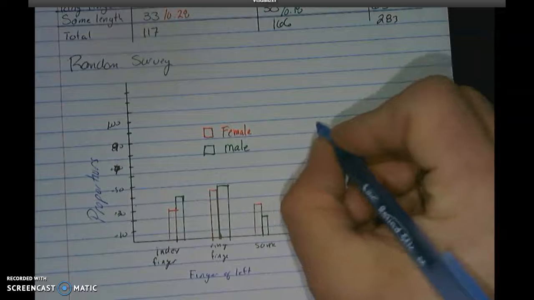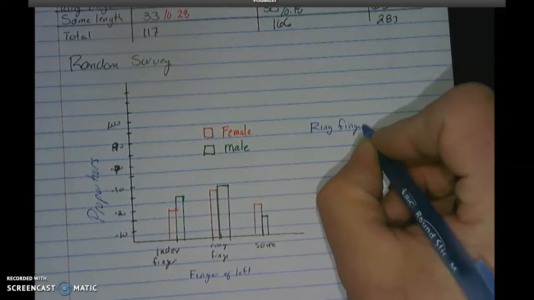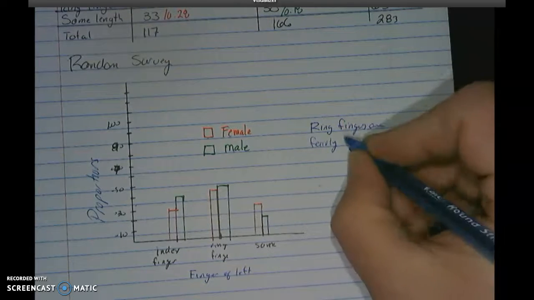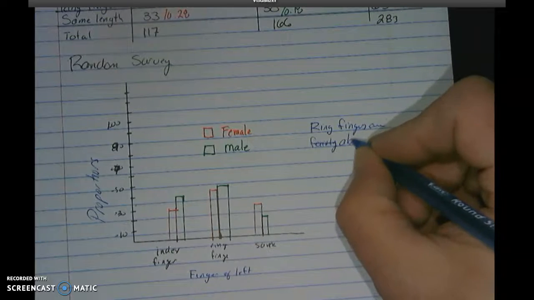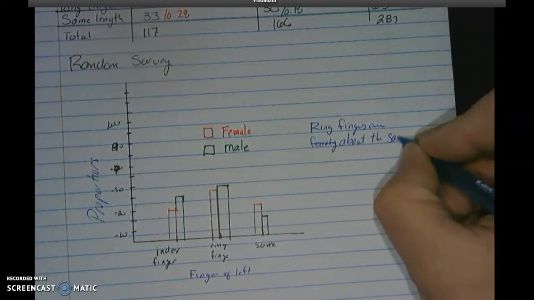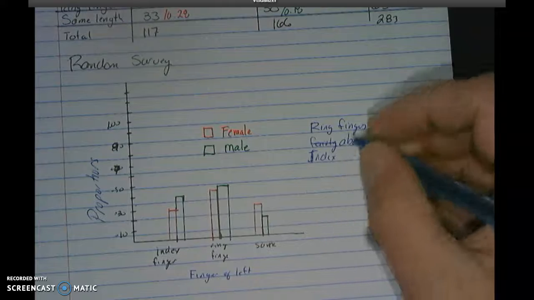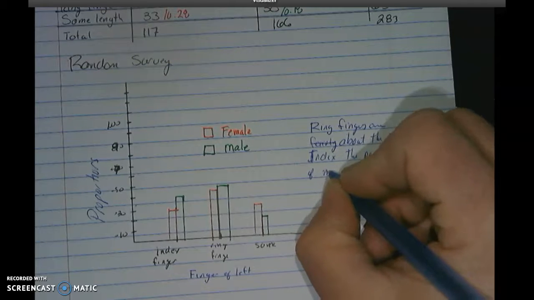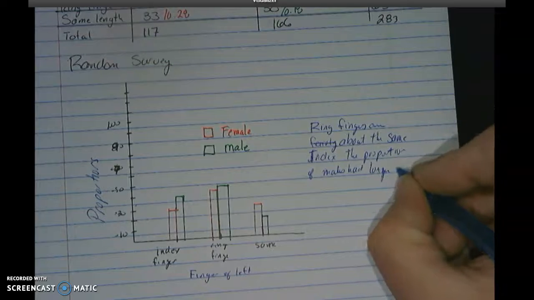Okay. So we come in here and say ring fingers are about the same. Then I would say index, the proportion of males had longer index fingers.